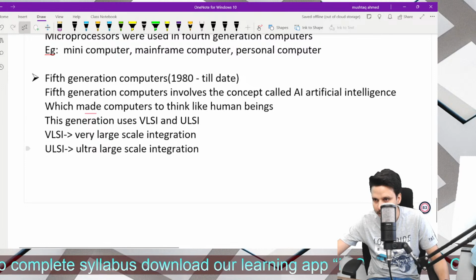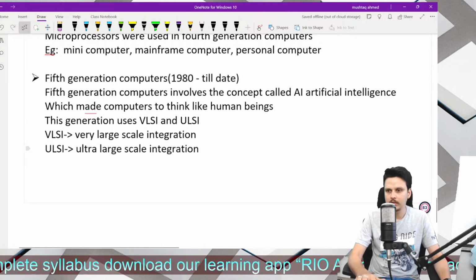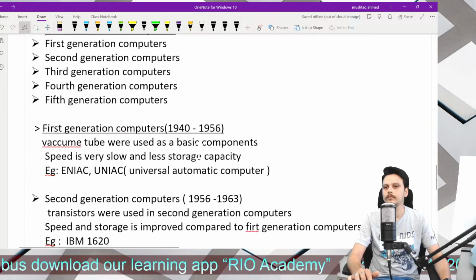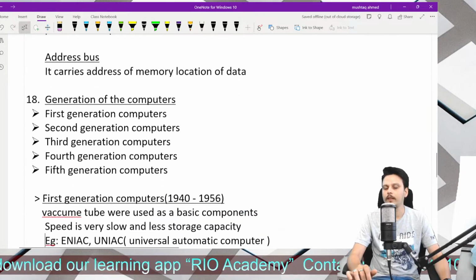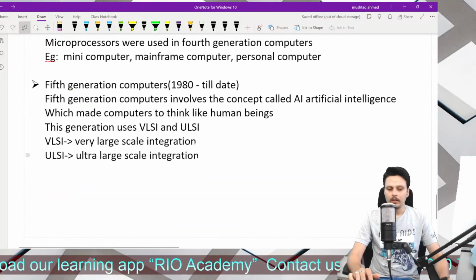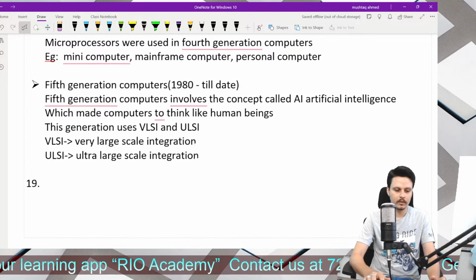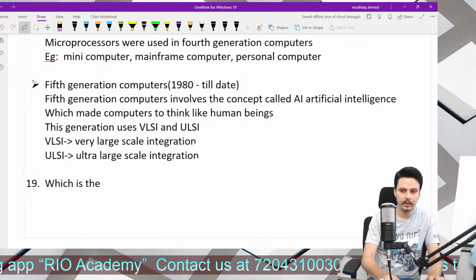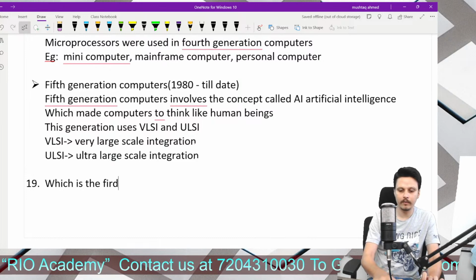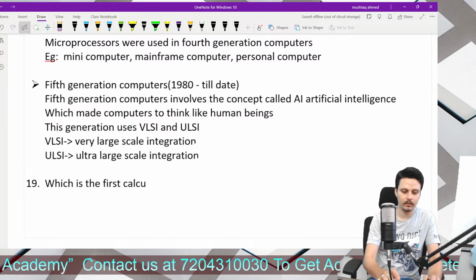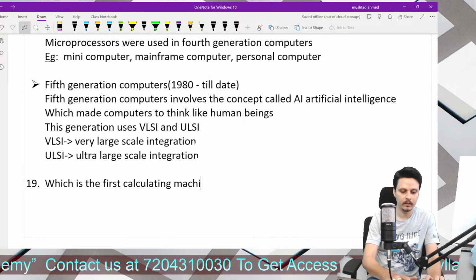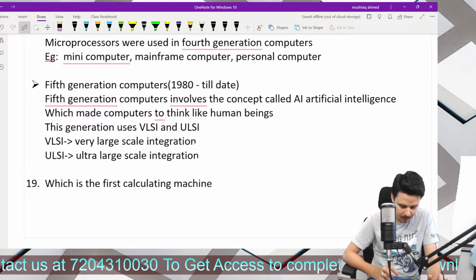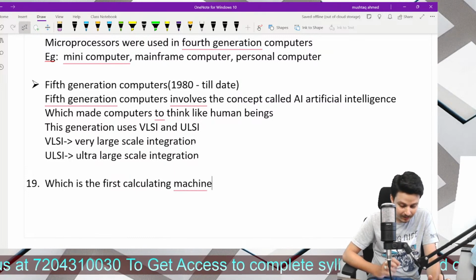Which is the first calculating machine or arithmetic machine?